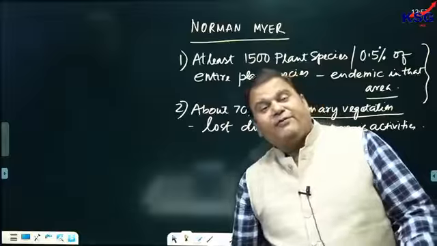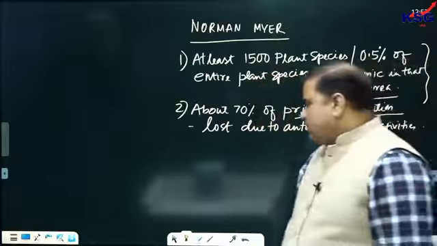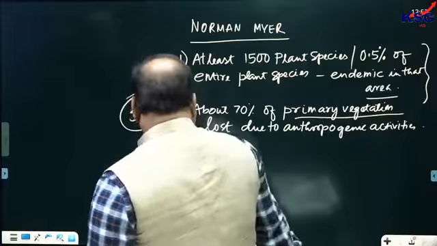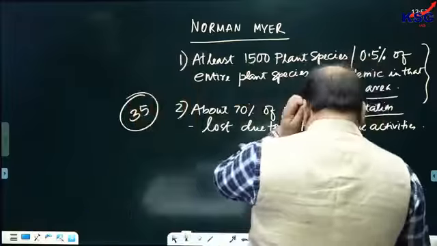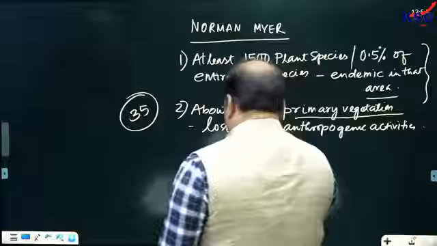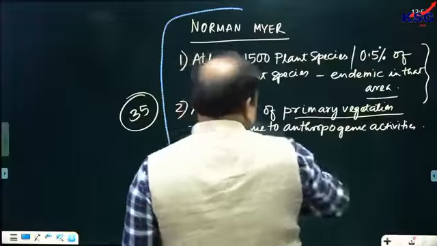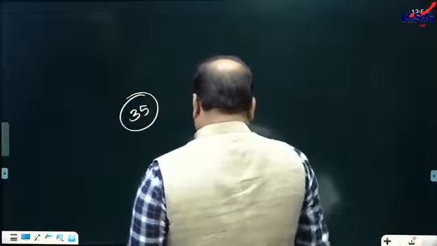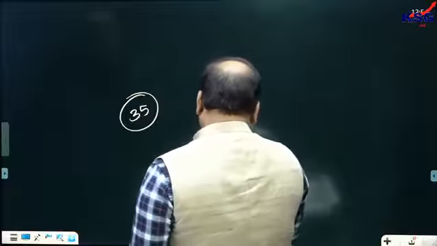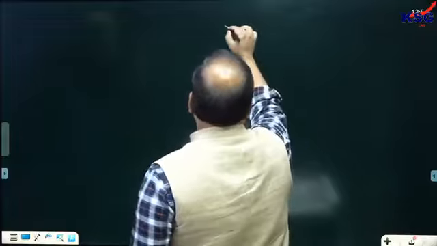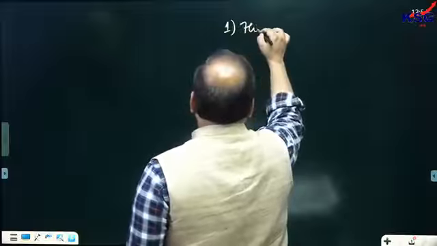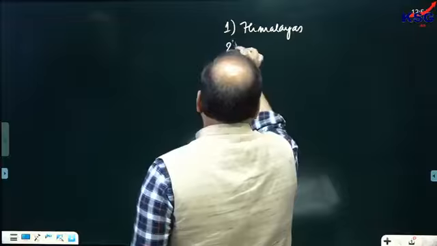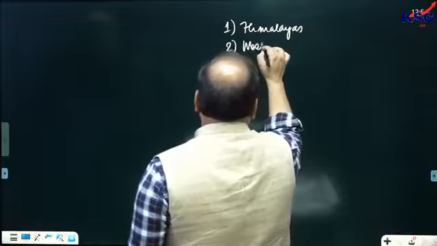Right now, there are 35 hotspots in the entire world, out of which 4 are present in India. First, the Himalayas. Second, the Western Ghats.